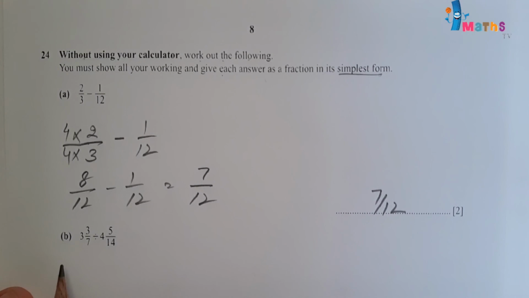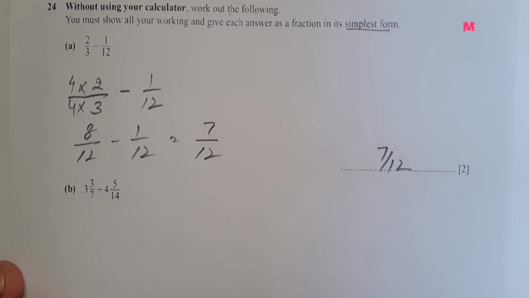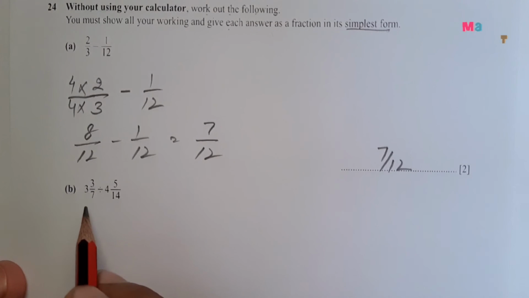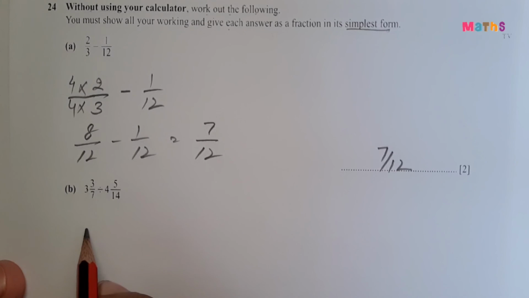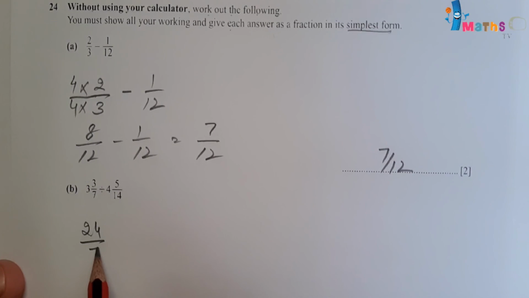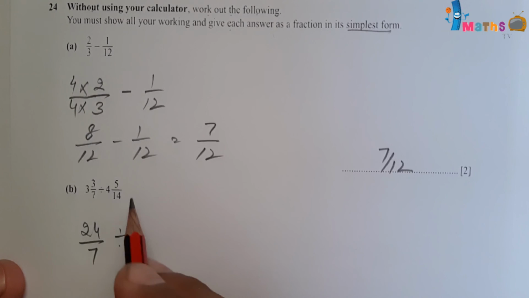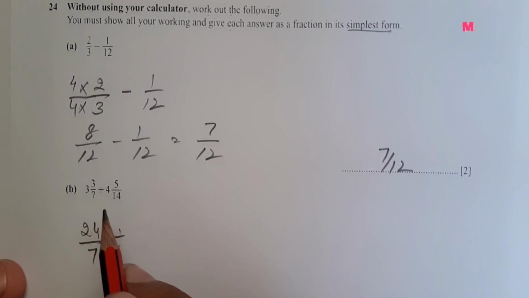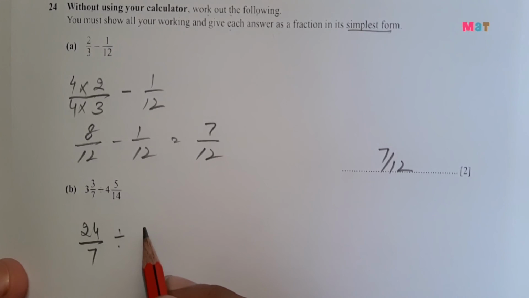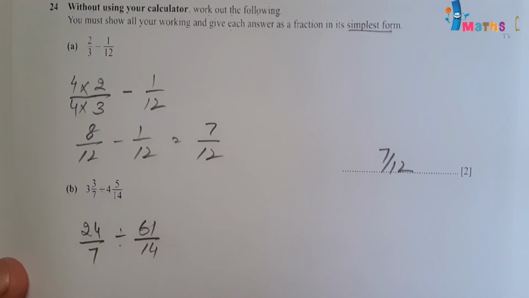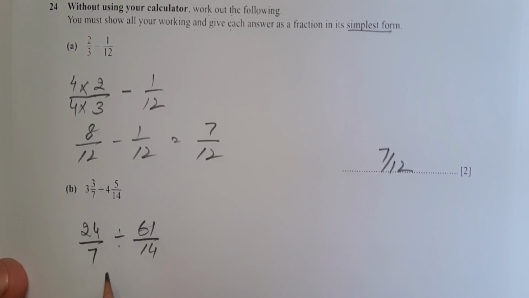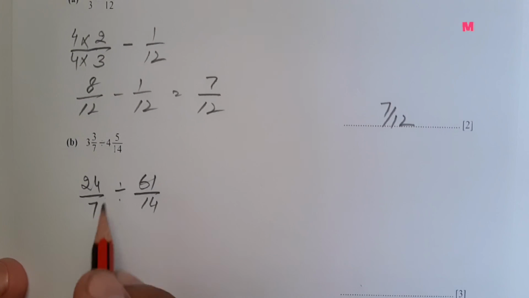Now for part B, 3 whole 3 by 7. We can change it into an improper fraction. 7 times 3 is 21, 21 plus 3 is 24 over 7, divided by 4 and 5 over 14: 14 times 4 is 56, 56 plus 5 is 61, so 61 over 14. Now we can change division into multiplication.